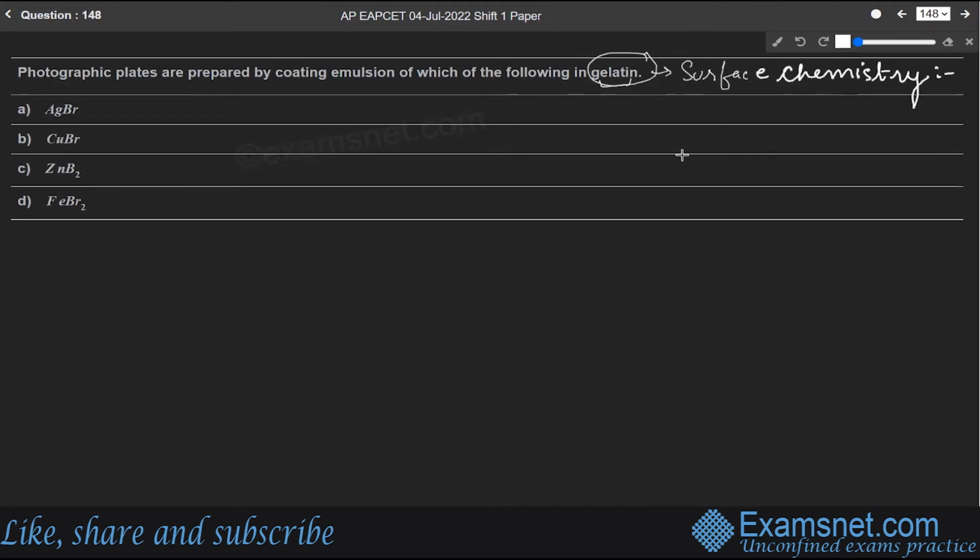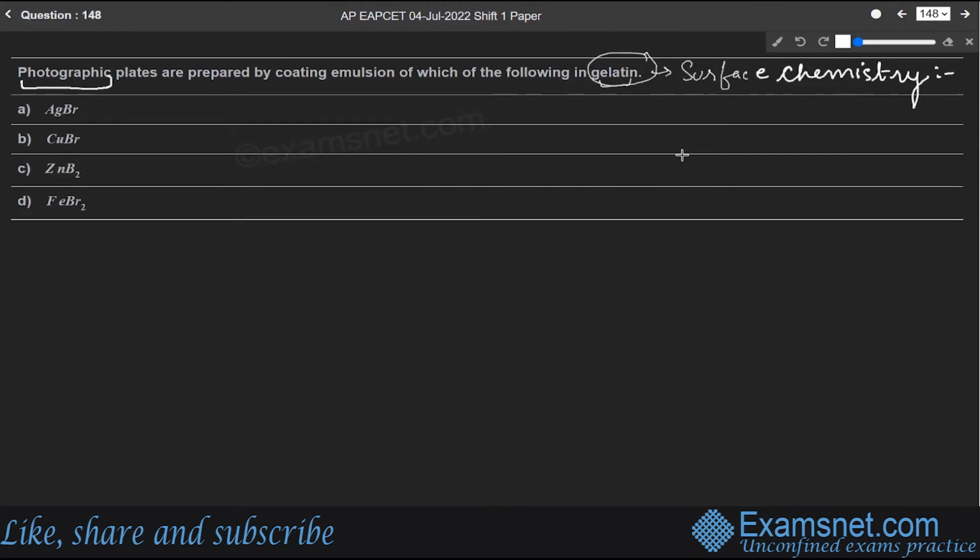Do you know anything about photographic plates? These photographic plates are used in photos, and in cinema halls photographic films are prepared, right?